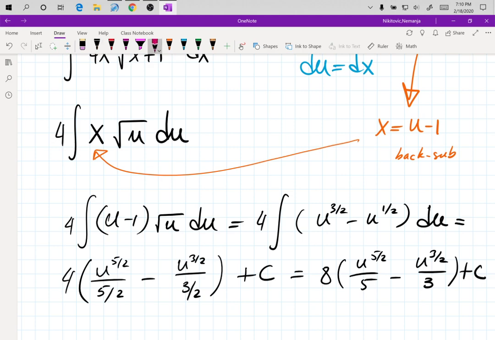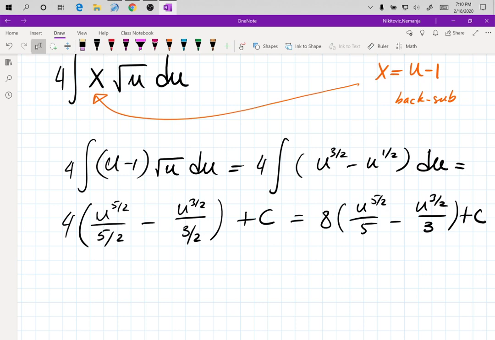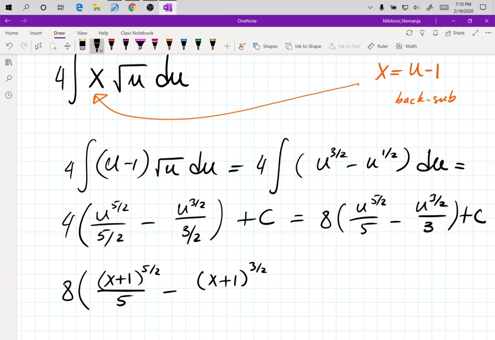And that's the one that you do not box, because your u is x plus 1. So 8 times x plus 1 to the 5/2 over 5 minus x plus 1 to the 3/2 over 3 plus c.